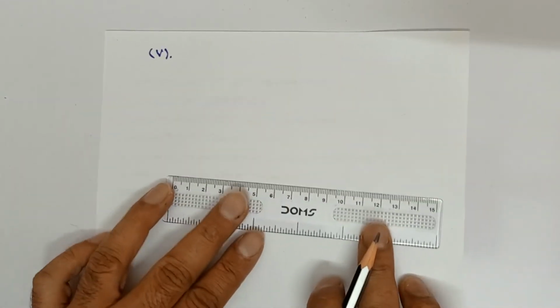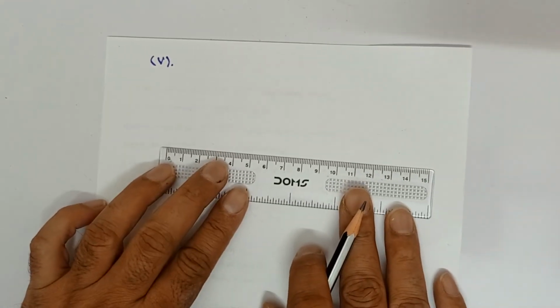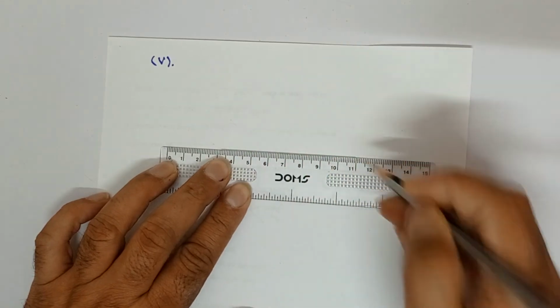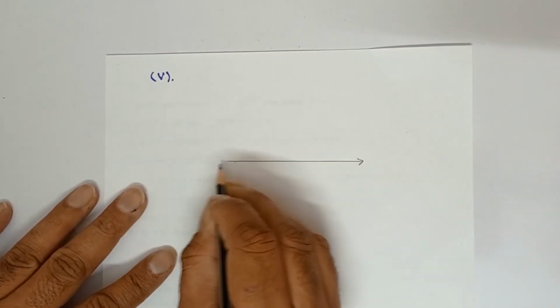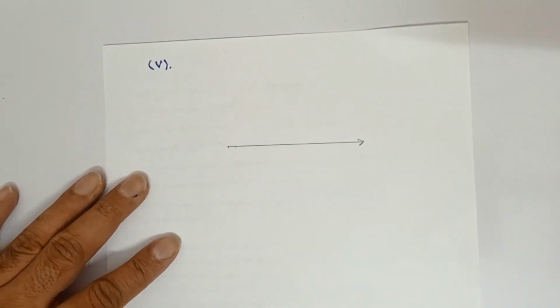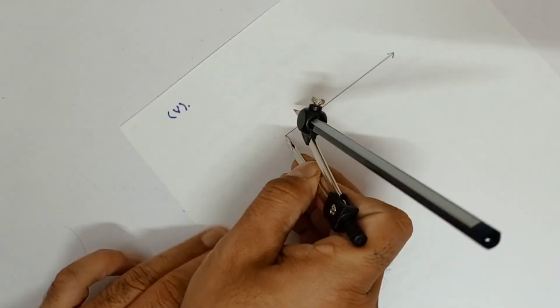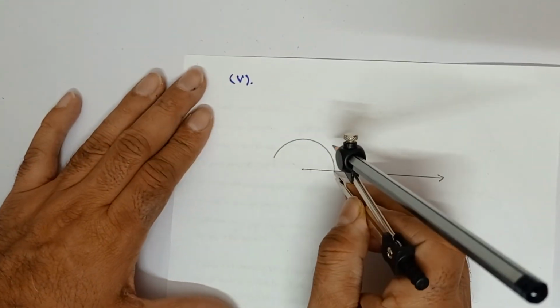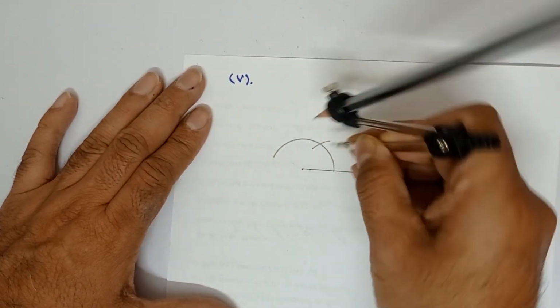So take a ray. After taking the ray at this point, you will make 90-degree again. Compass tip here. This is arc. From here 60.